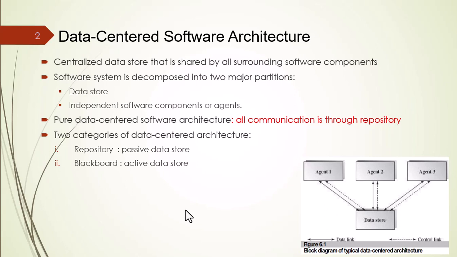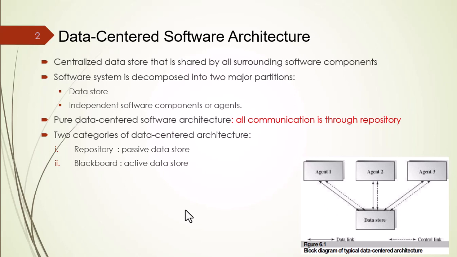So we can deploy or install the different modules on different agent sites. For example, agent 1 contains one module, agent 2 contains another module, agent 3 contains another module. Or we can decompose or distribute some components on one agent system and some on another system.